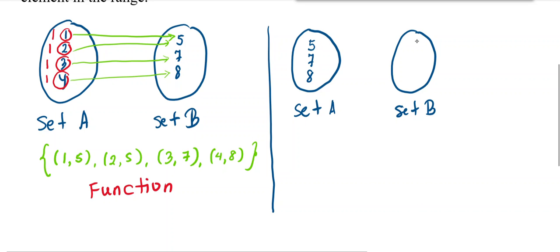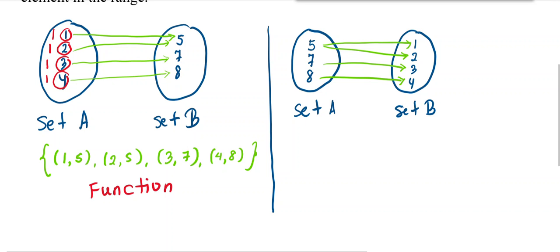And set B has elements 1, 2, 3, and 4. So let's say the relation goes this way. 5 corresponds to 1 and 5 corresponds to 2, 7 corresponds to 3, and 8 corresponds to 4.